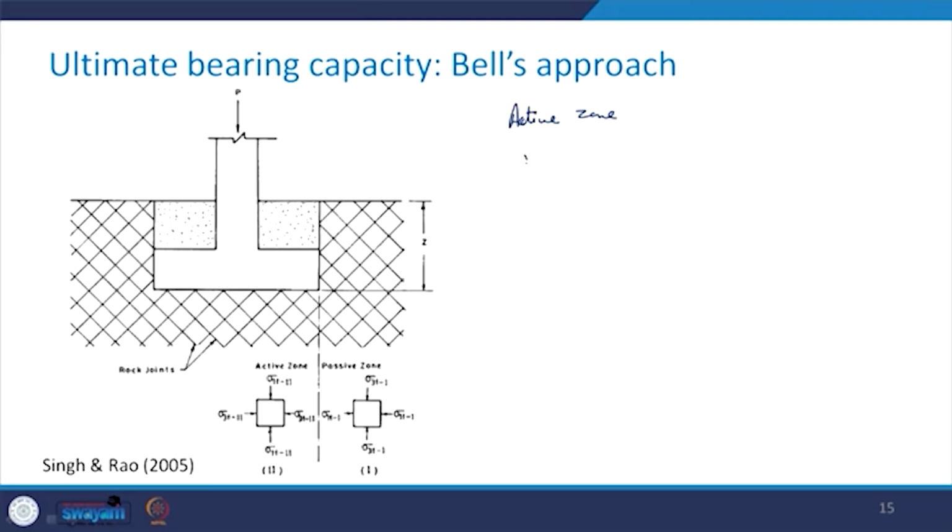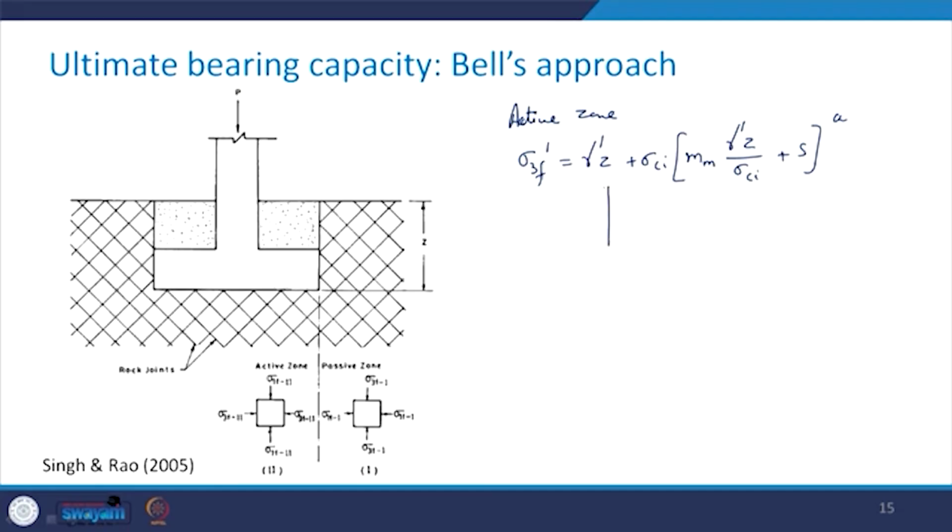Your sigma 3f prime would be sigma 1f of the passive zone. So that will be gamma prime z plus sigma ci into mm gamma prime z upon sigma ci plus s to the power a.